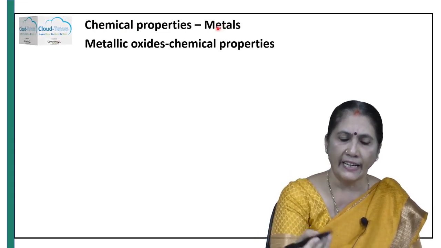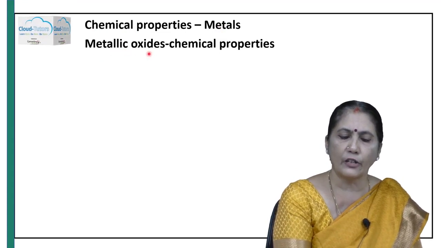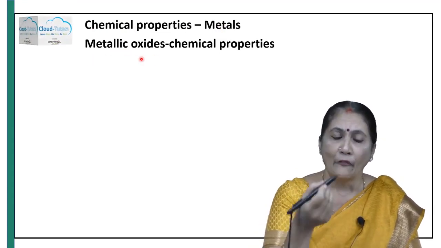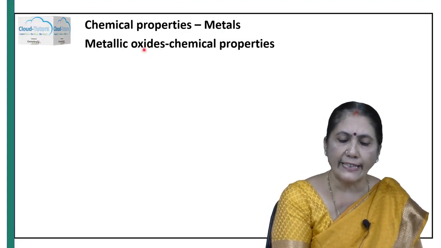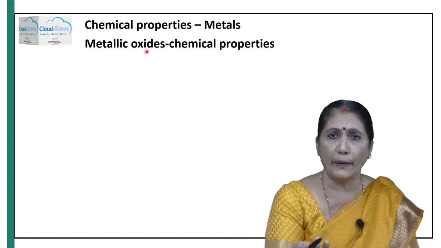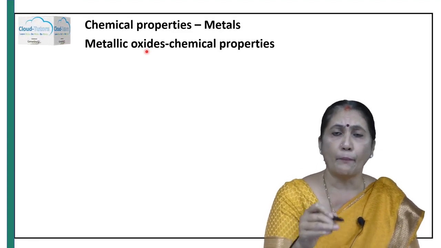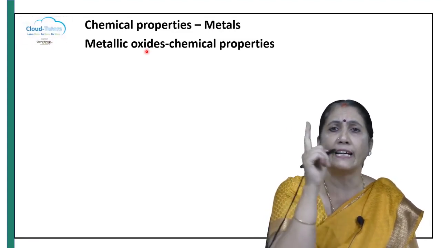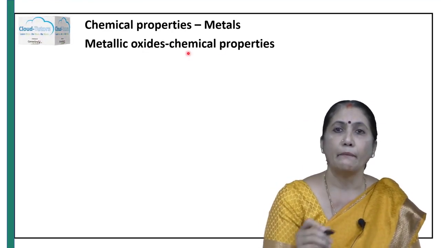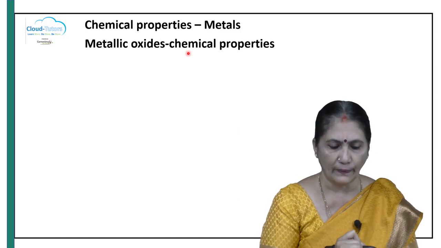It gets converted to a metallic oxide. And finally, this metallic oxide is tested further for its acidity or basicity, depending upon whether the element is a metal or a non-metal, and we can see the chemical properties now.